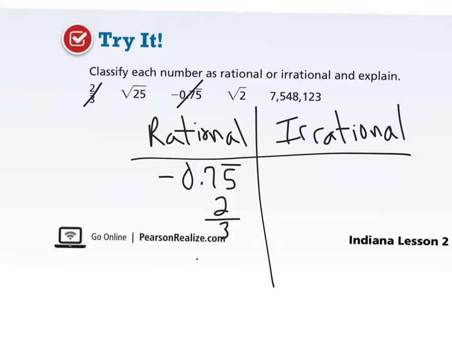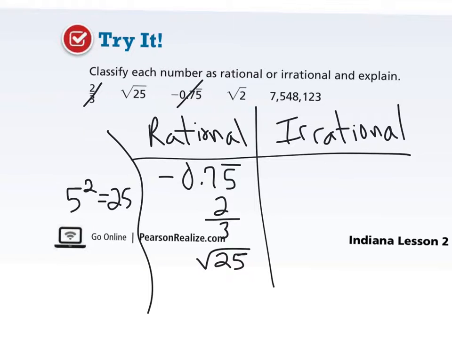The square root of 25 is rational. A number times itself that equals 25: 5 squared, or 5 times 5 equals 25. So that would be rational. The square root of 2 would be irrational. We can't take a number times itself to equal 2, so that doesn't work.